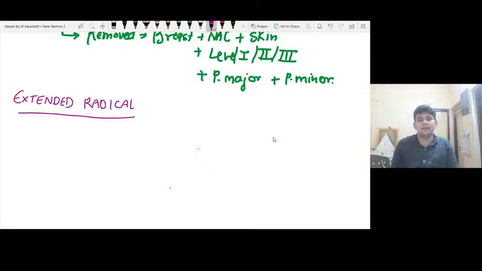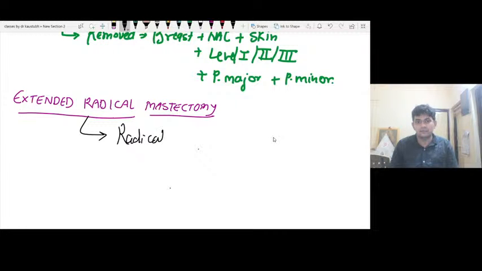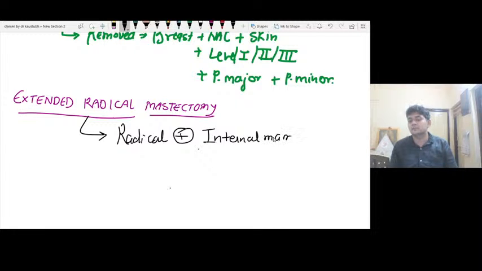Now what do you mean by extended radical mastectomy? Extended radical mastectomy is nothing but your Halsted's radical. That means this green one that I have written above: breast, nipple areola complex, skin, level 1 to 3, pectoralis major and minor, plus internal mammary group of lymph nodes.